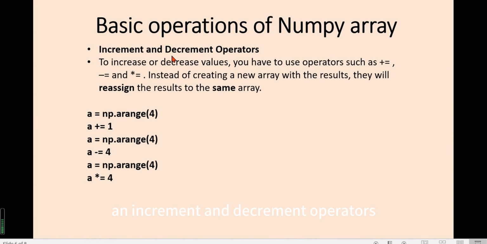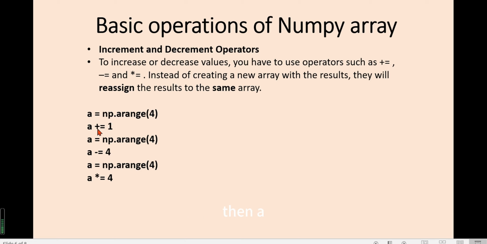And the increment and decrement operators. To increase or decrease values, you have to use operators such as plus equal, minus equal, and multiply equal. Instead of creating a new array with the results, they will reassign the results to the same array. So they will reassign back to the original array. So A is an array with 4 elements.